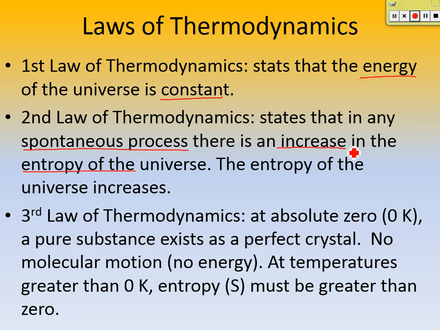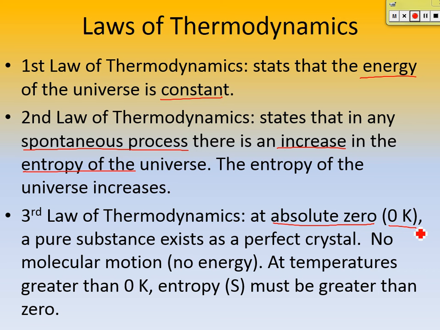Okay, final law of thermodynamics states that at absolute zero, which is the coldest temperature you can reach, 0 Kelvin, a pure substance will exist as a perfect crystal. So everything will be perfectly ordered. No molecular motion will happen.